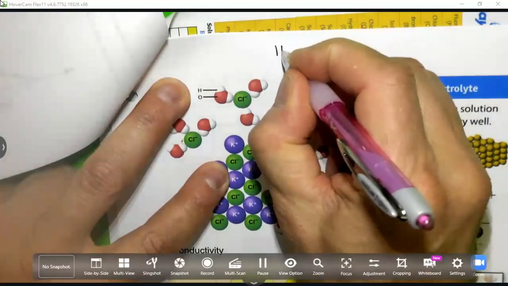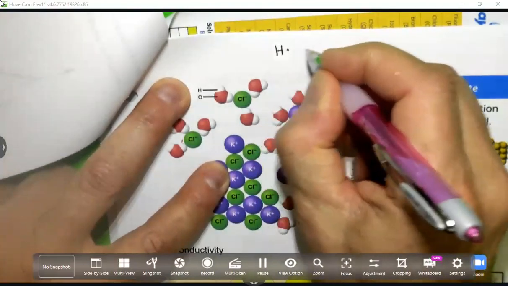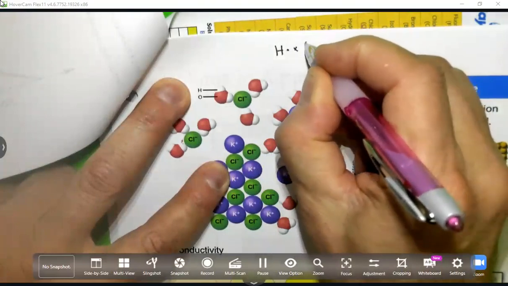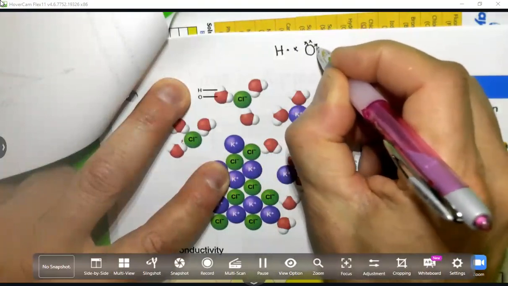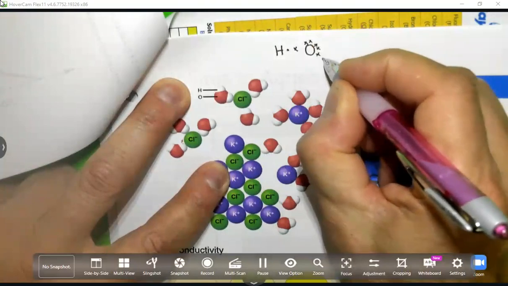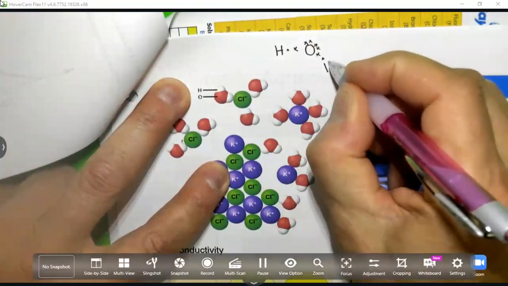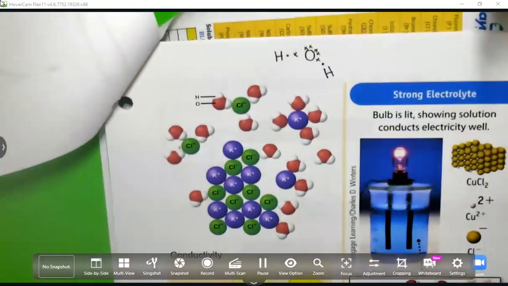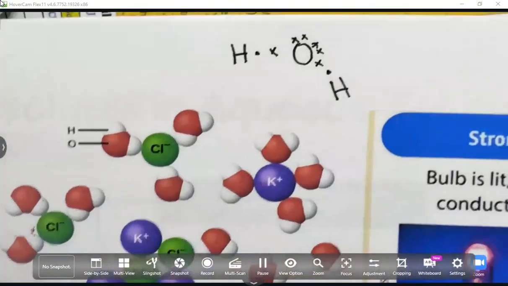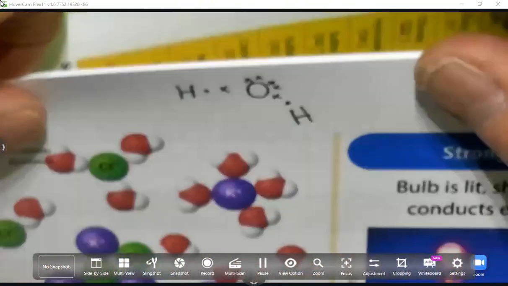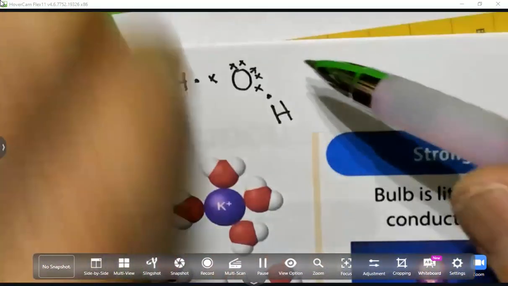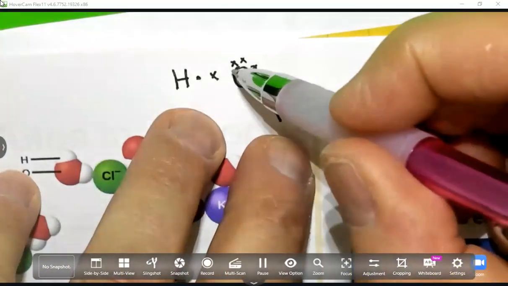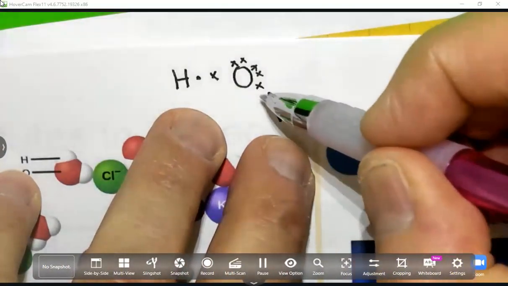We know water looks like this. I'm going to put electrons down as X's. So if I write down electrons, this is hydrogen's 1 valence electron, and then oxygen, I put 6 X's in here.